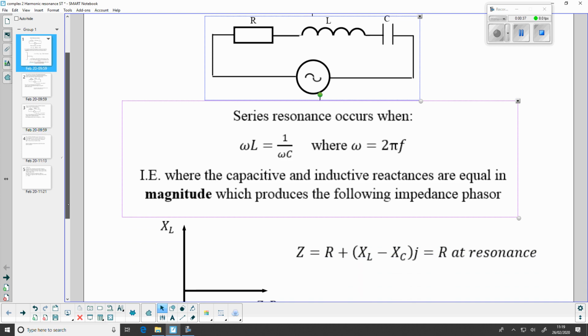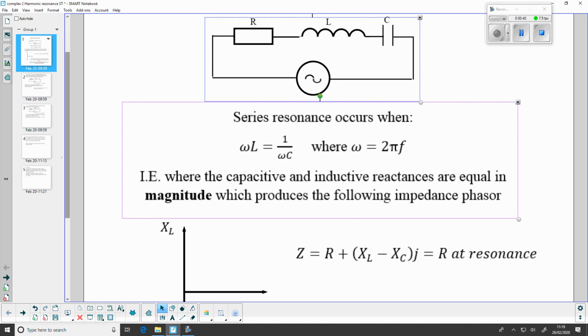Resonance is a point in a series circuit where omega L, omega being the angular frequency of a waveform, is equal to 1 over omega C, where omega is equal to 2 pi f, the frequency in hertz. I.e., it's where the capacitive and inductive reactances are equal in magnitude, which produces the following impedance phasor.